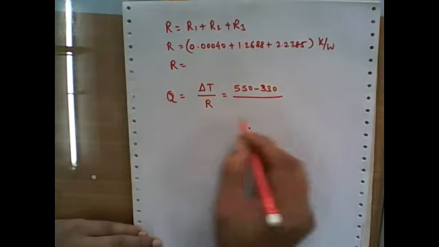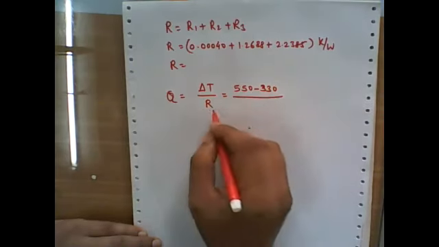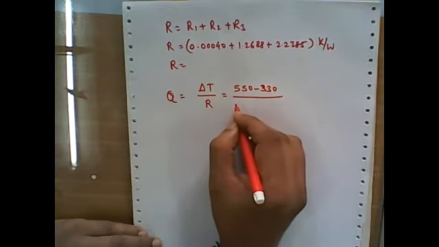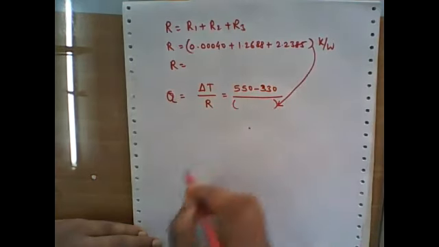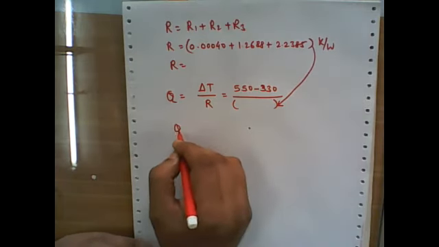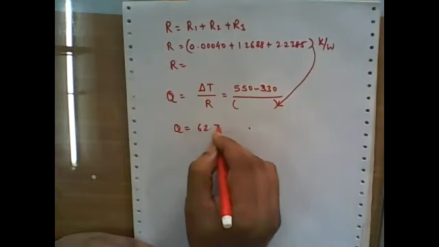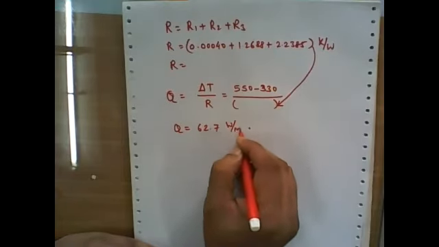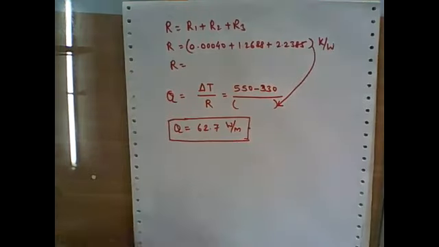So we can put the value of delta T, that is temperatures T1, T2, and the final value of R, and we get the value of Q as 62.85 watt per meter.